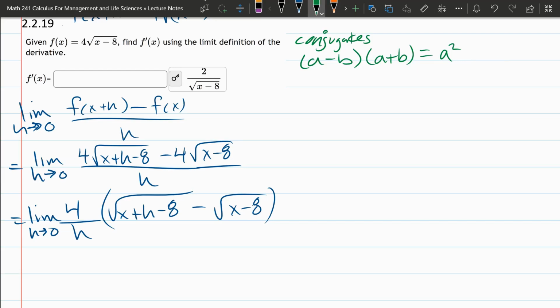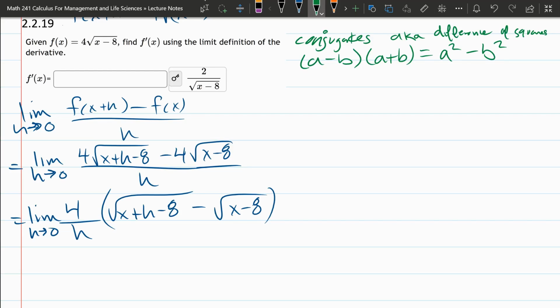The last terms multiplied, negative b times b, is negative b squared. So when you multiply conjugates, a minus b times a plus b, you get a squared minus b squared. This is also known as difference of squares. We're going to use this fact that when you multiply them, each term basically gets squared.